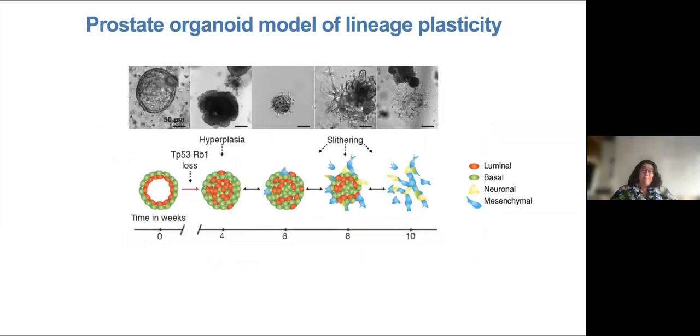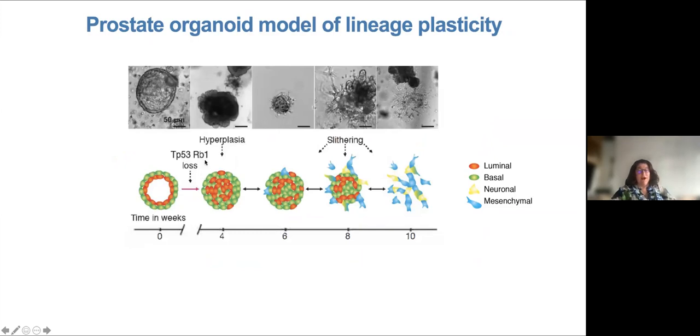And I love the organoid model because it really pares it down to its most simple form, and it's highly perturbable. Wouter built this great prostate organoid model where you can study things, inducing P53 and RB loss.